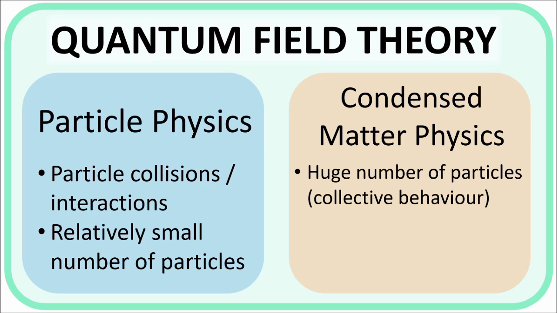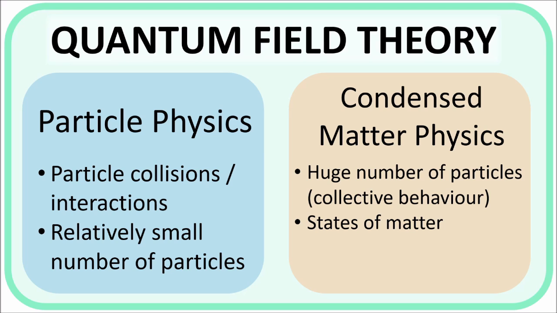The number of particles is so huge that we don't normally keep track of individual particles, and instead we look at the statistical behavior of particles together as a huge group. The collective behavior of a huge number of particles is what lets us understand the states of matter, like solids, liquids, and gases. These states of matter are not really programmed into the fundamental laws of physics.